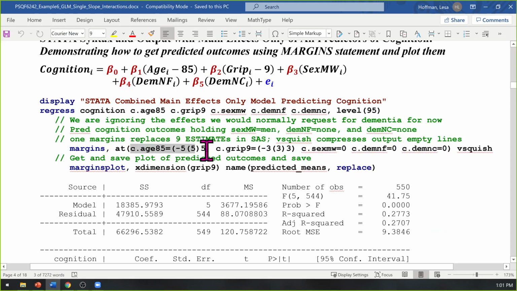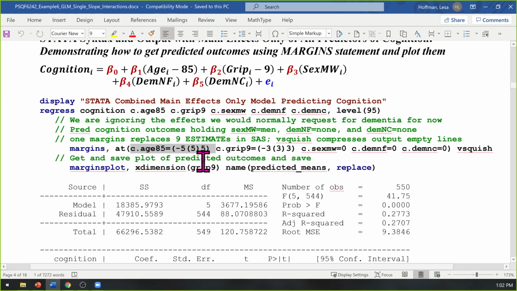Whereas here, it's giving ranges. So the way to read this is the first number is where the range starts. The middle number is the increment. And the last number is where the range ends.